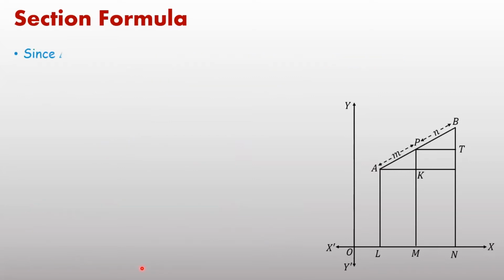Now, since triangle PKA and triangle BTP, both triangles are similar by AAA similarity. You can observe these lines are perpendicular on the x-axis, means 90 degree, 90 degree. This angle A equals angle P, corresponding angle.